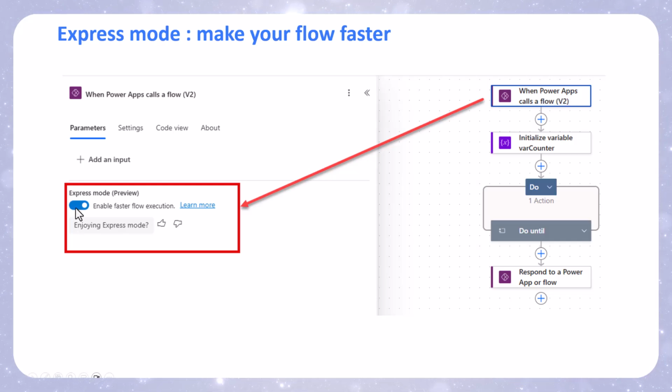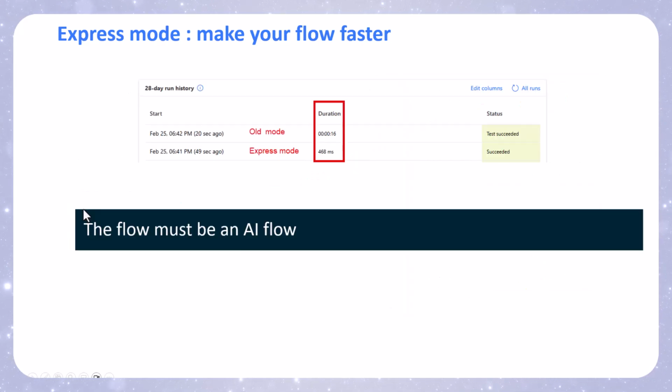You can check this in the trigger, express mode, you see. When you do this, your flow will run much faster. For instance, my flow without this, in the old mode, took between 16 and 22 seconds to run, and in express mode it takes half a second.